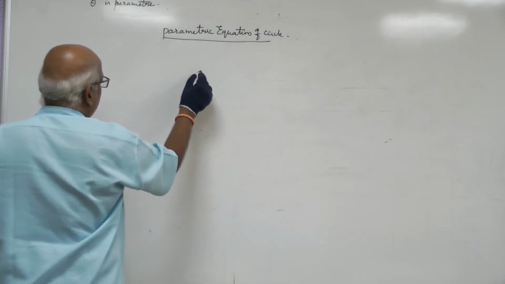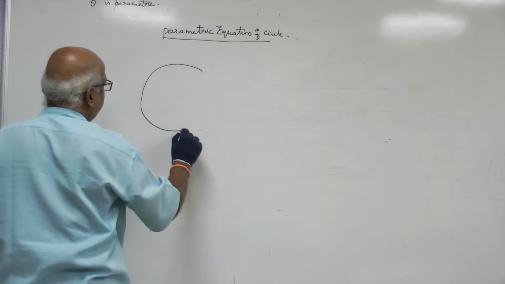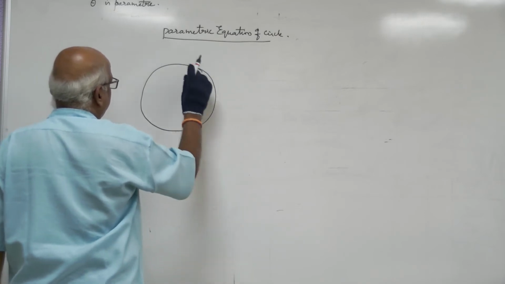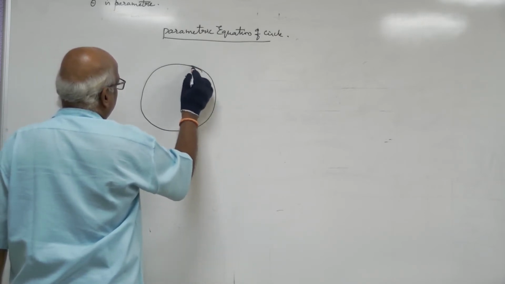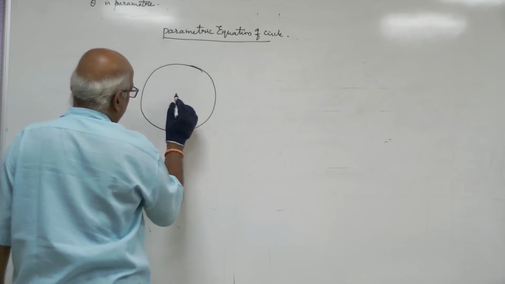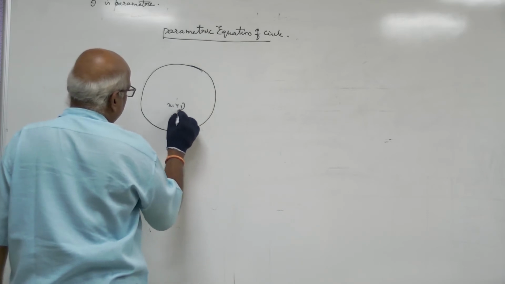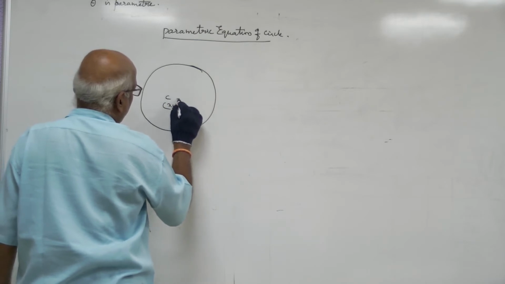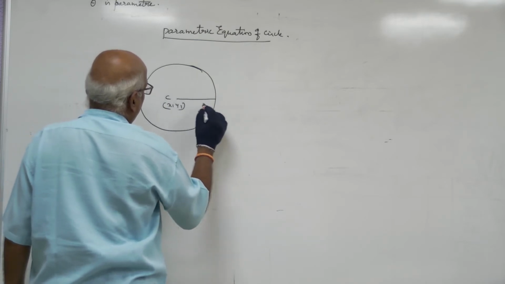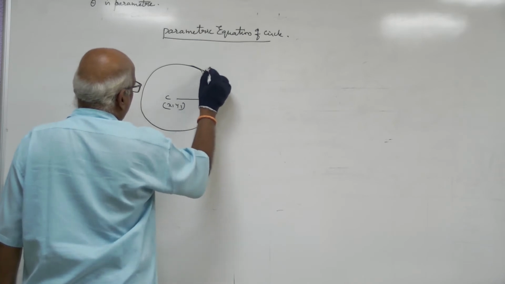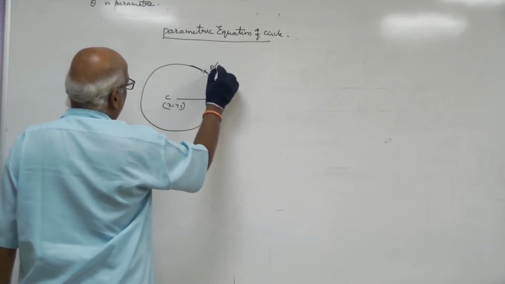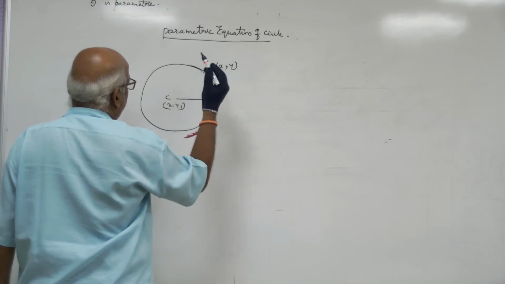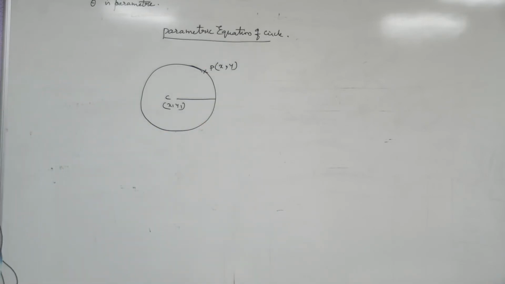Here, this is the required circle, let us say. Center coordinates (x1, y1). Arbitrary point coordinates, that is the moving point (x, y).